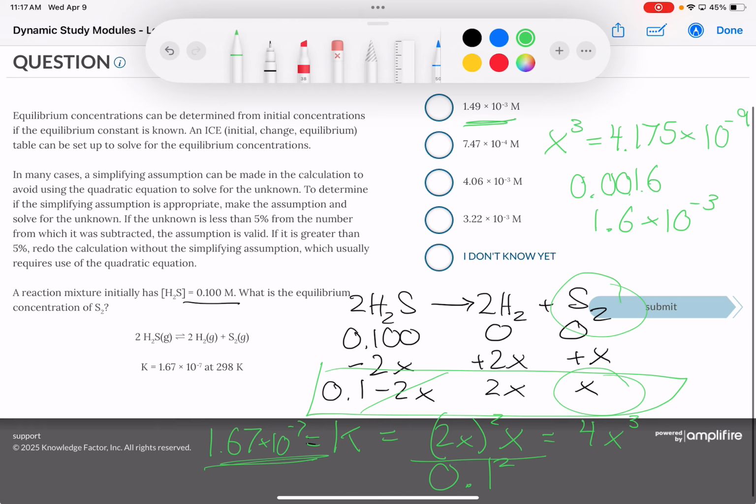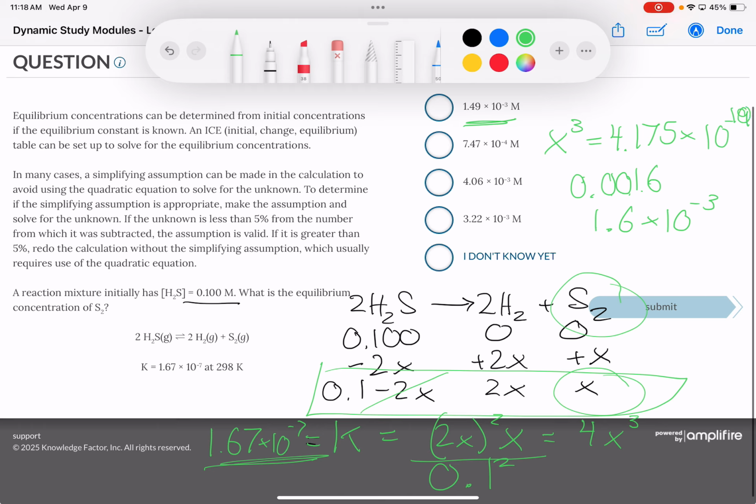1.67 times 10 to the negative 7th times 0.1 squared divided by 4. Oh, hang on. Times 10 to the negative 7th. Okay. Times 0.1 squared should just change it by exponent.